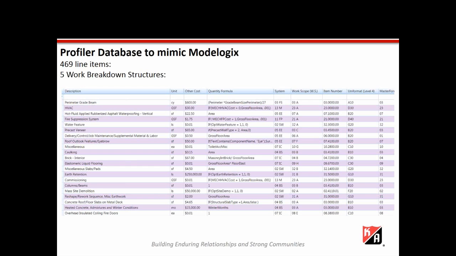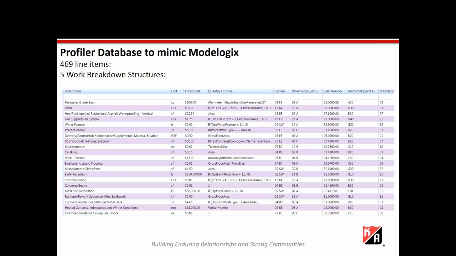We have 5 work breakdown structures for every line item, so we can sort and group things by those different work scopes in their system, and then work scope for the trades, Viewpoint code, which is our accounting software, UniFormat, MasterFormat, and CSI. So actually, I'm wrong. There's actually 6.